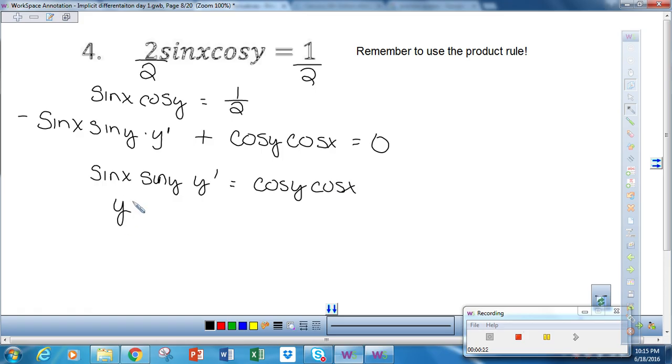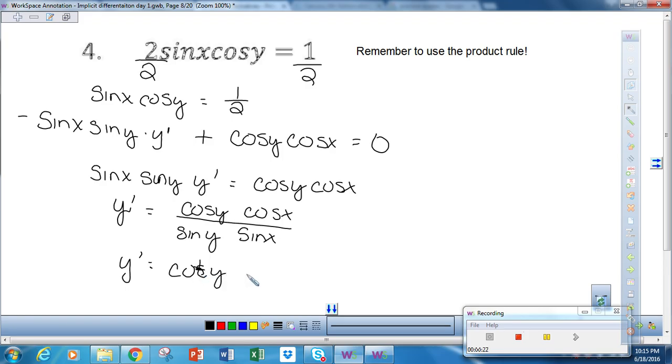And dividing, I get y prime is equal to cosine of y, cosine of x, divided by sine x sine y, because then I can write this as y prime is equal to cotan y cotan x, using a simple trig identity. And it kind of makes that problem look a little bit nicer.